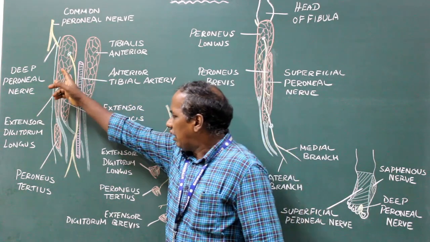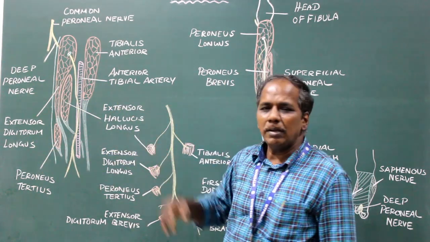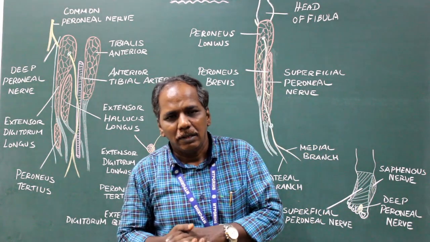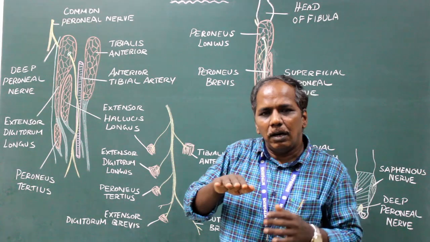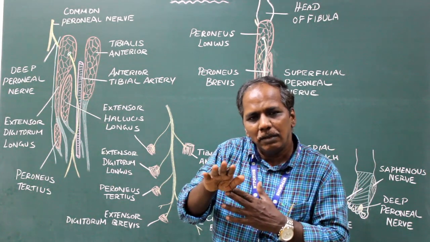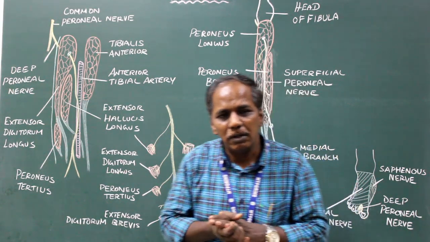Since the extensor digitorum longus and extensor hallucis longus are paralyzed, the toes are not able to extend. We cannot extend the toes. So there is loss of extension of toes.